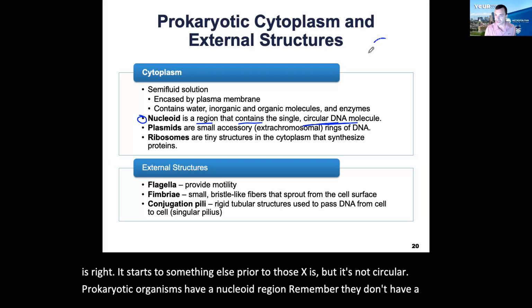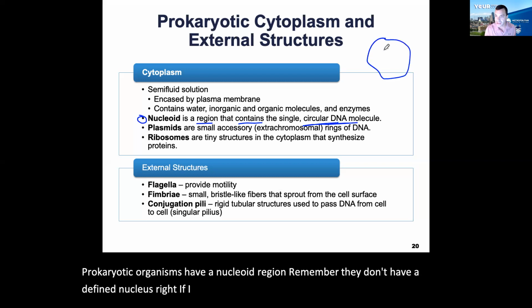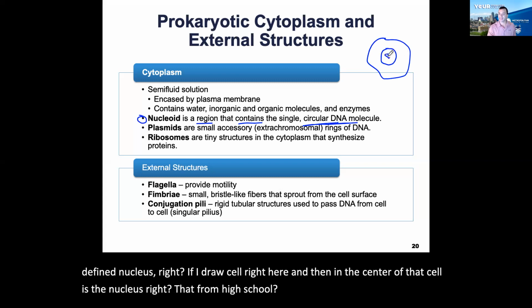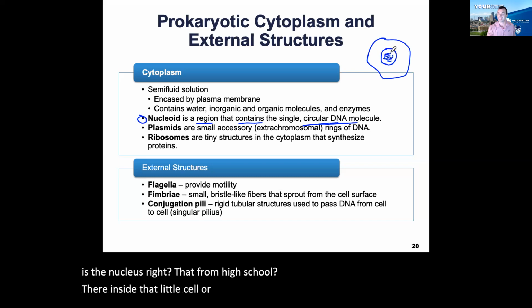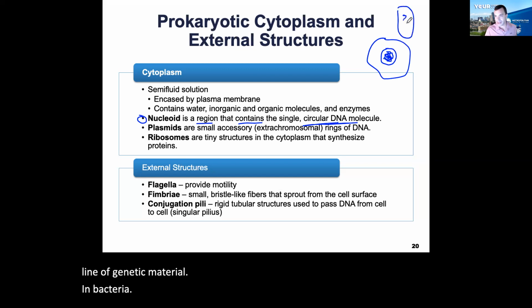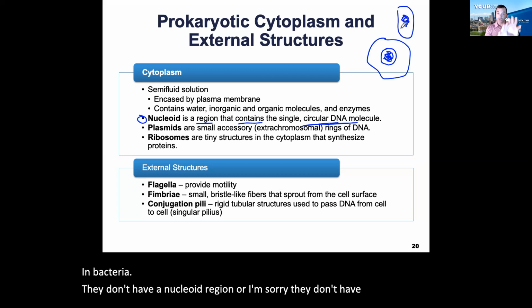All right, if I draw a cell right here, and then in the center of that cell is the nucleus, right? You know that from high school. There inside that little nucleus of that little cell is our squiggly line of genetic material. In bacteria, okay, they don't have a nuclear membrane, a defined nucleus, right?